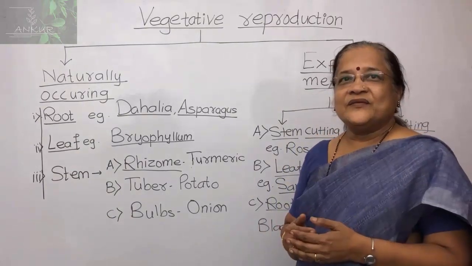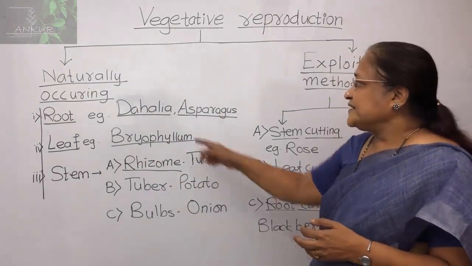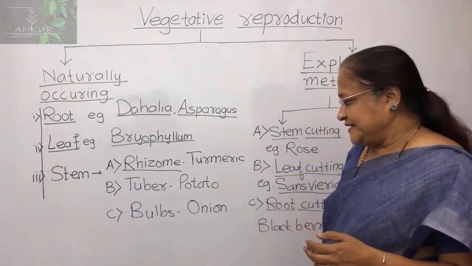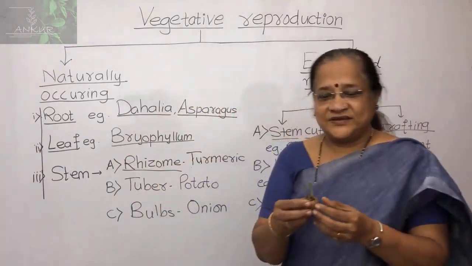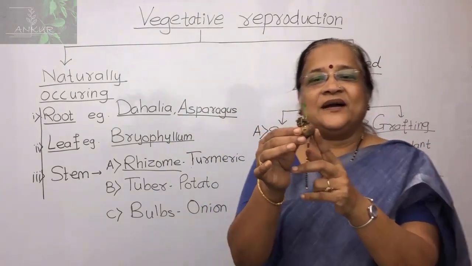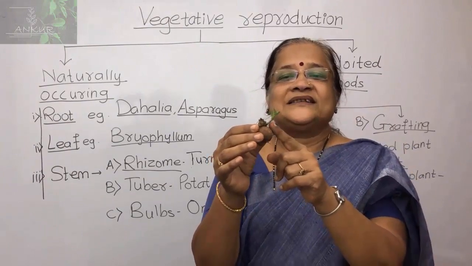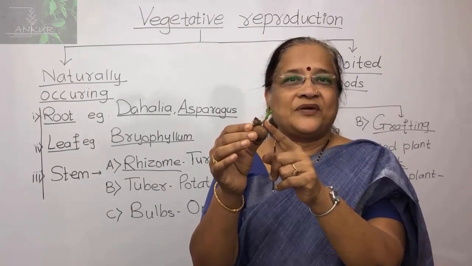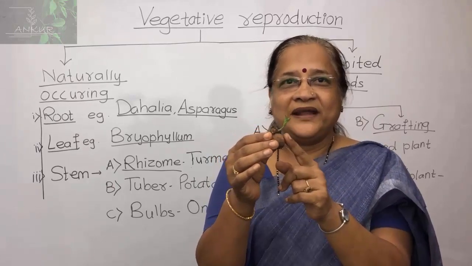From these roots we get a new plant. The first example is dahlia, the second is asparagus. We get dahlia flowers, you know. This is the tuberous root of the dahlia plant, and from this tuberous root the young part sprouts, and from that we get a new dahlia plant.